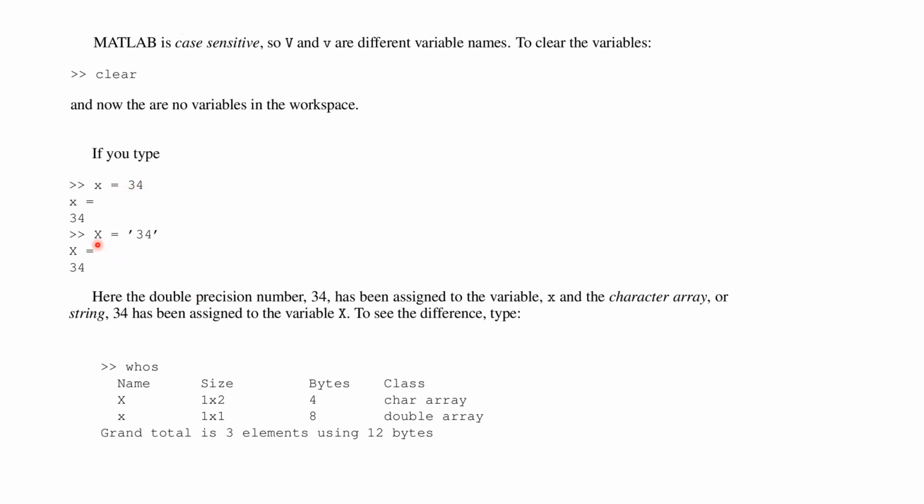We called capital X, and we've put these little inverted commas next to it to tell it that this is a string array or a character array. We'll talk more about this a bit later, but you can always find out what variables you have. The capital X, which we formed here, is a character array, whereas little x here has got a double precision number stored in it.